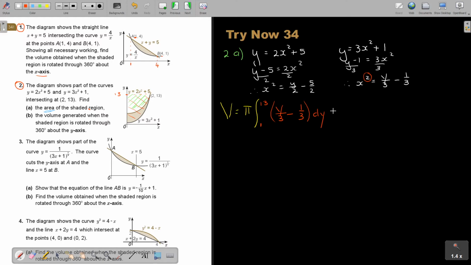And then I subtract, and it's again pi, but now it's that green part. Don't forget that that value there was 5. So I'm going to get 13 and 5, and it's going to be y over 2 minus 5 over 2.